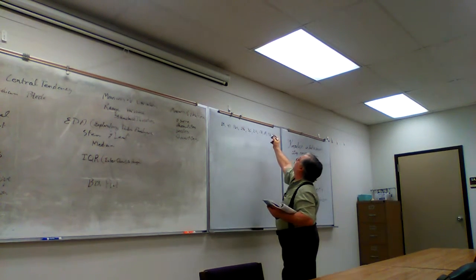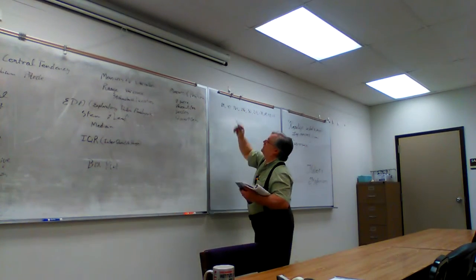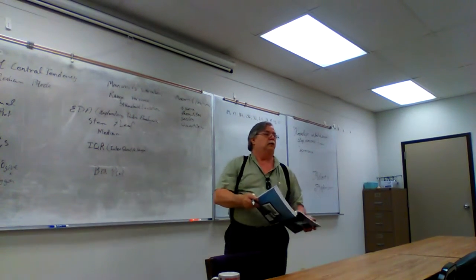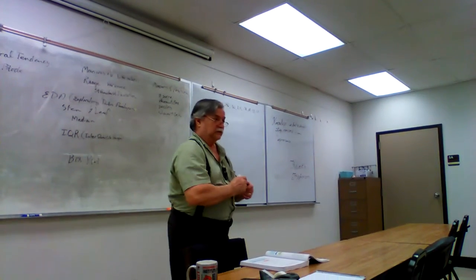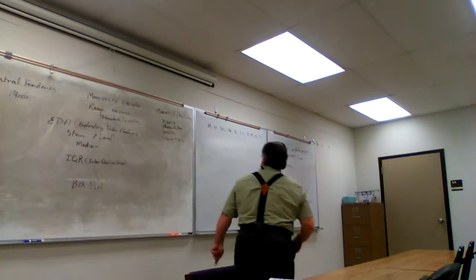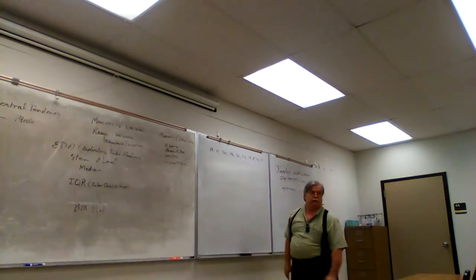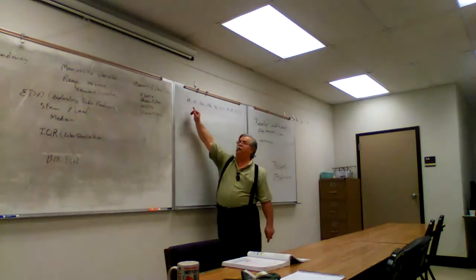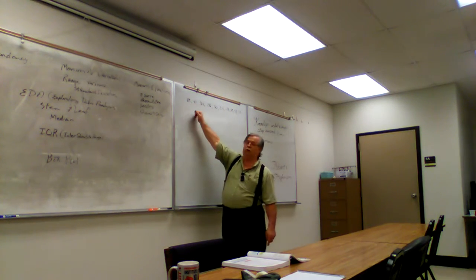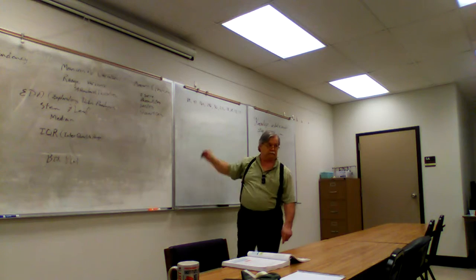One, two, three, four, five, six, seven, eight, nine, 10. That's from 10 states in no particular order. We found 89 meteorites in this state, 47 in this state, etc.